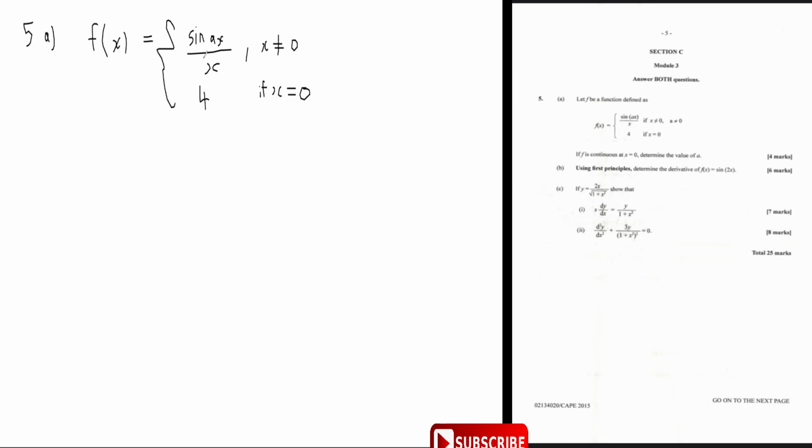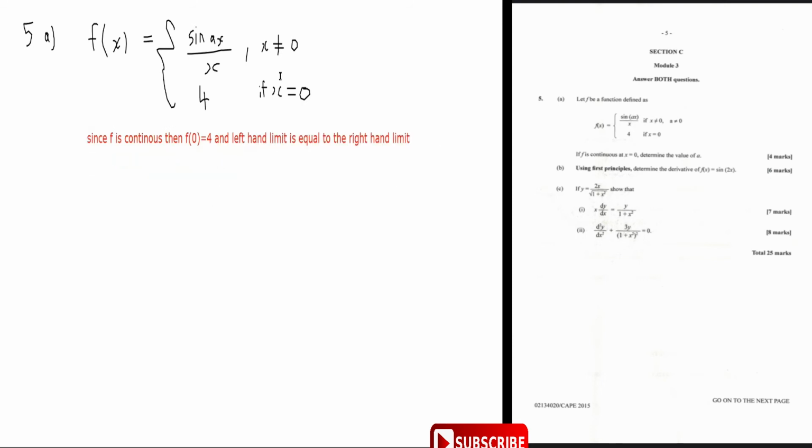If the function is continuous, then since f is continuous, we know that f of 0 is equal to 4. And the left-hand limit is equal to the right-hand limit. That's the part we're really going to utilize.